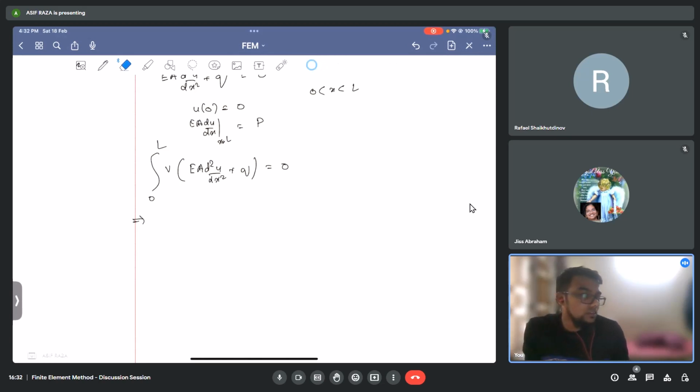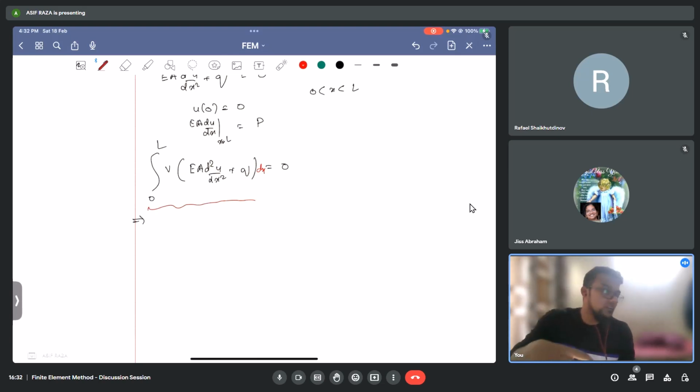This is what we are integrating throughout the domain, in an integral sense, but in finite element we take an element-wise integration, right?